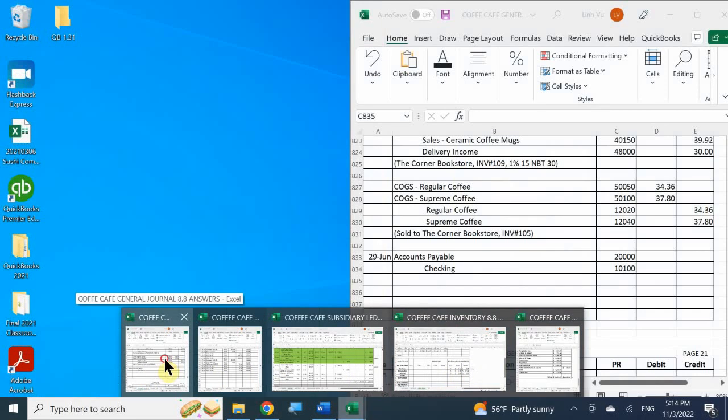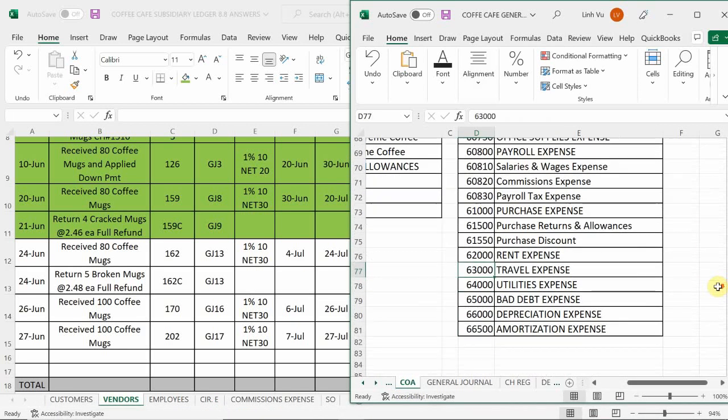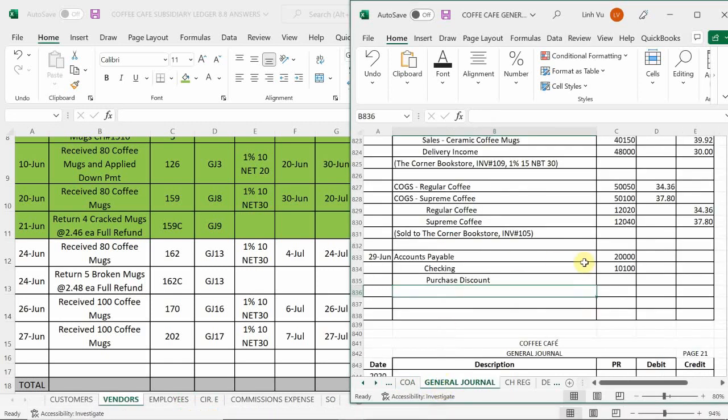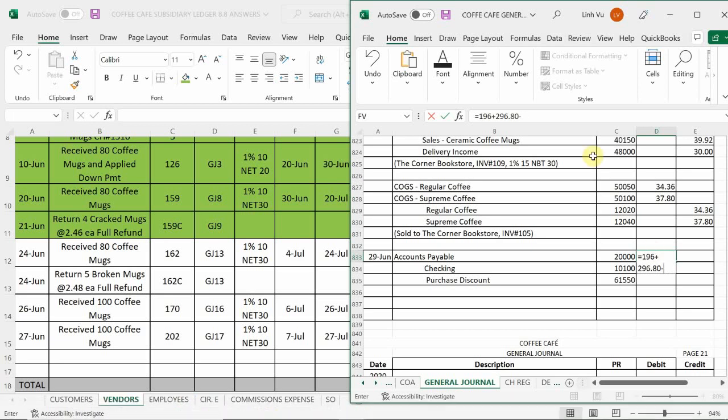Again, we're going to take a purchase discount, which is account number 61,550. Remember, we owed 196 plus 296.80 minus $9.84, which gives you $402.96.